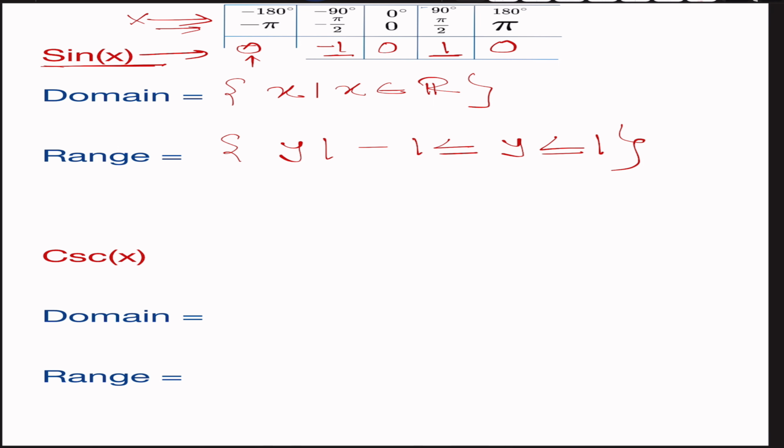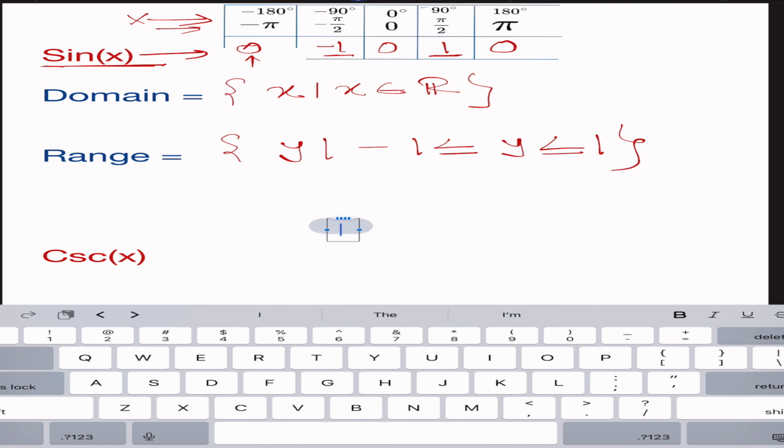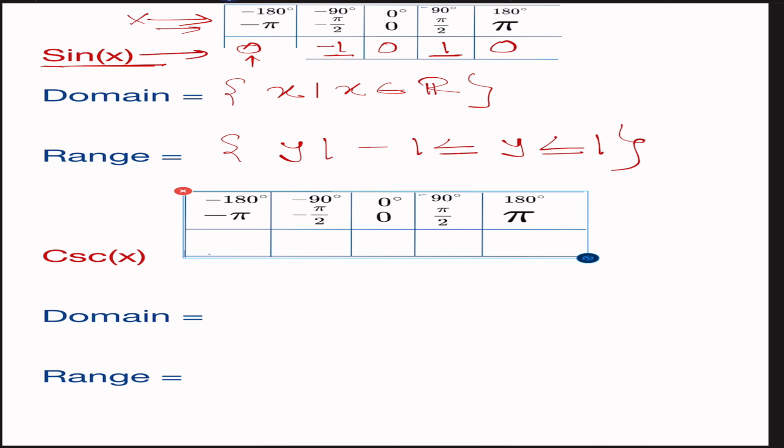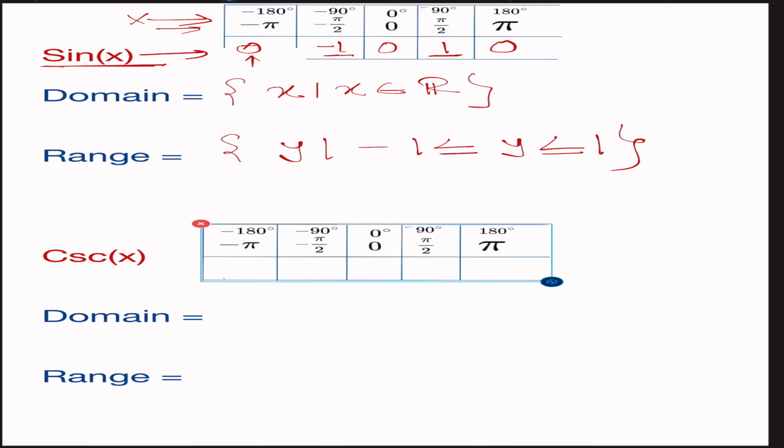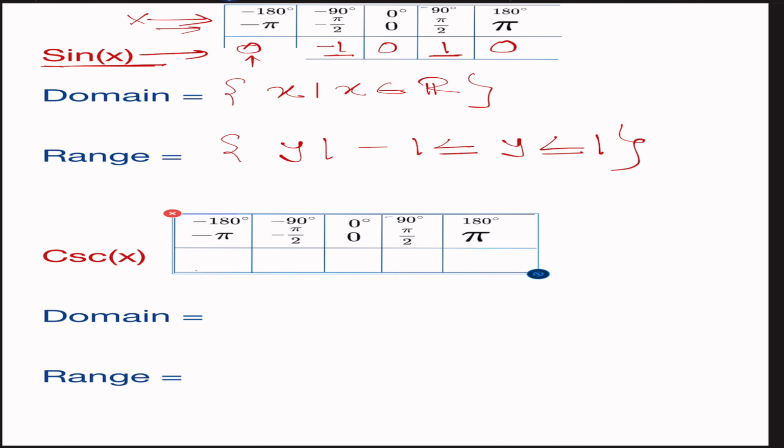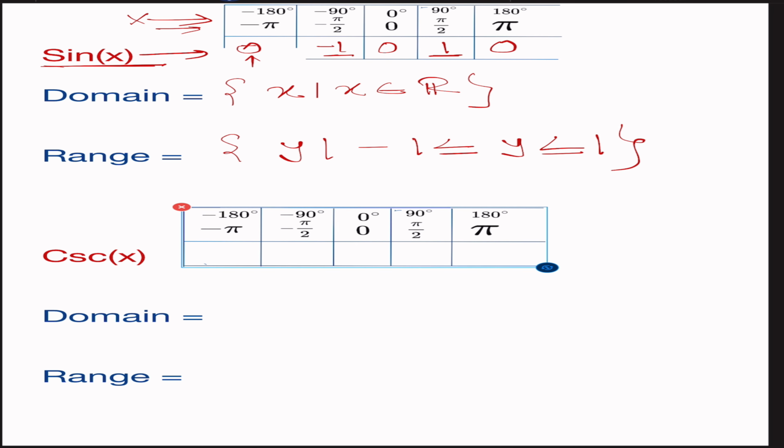Let's draw another table. These are our x values. Cosecant is undefined at 180 degrees, then it is negative 1, again undefined, again 1, again undefined. This means cosecant is undefined at pi.